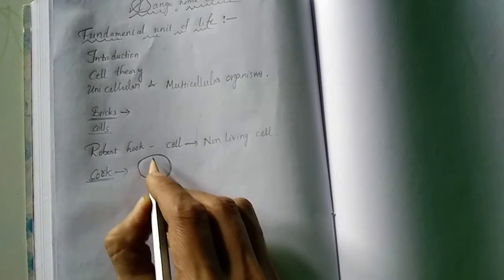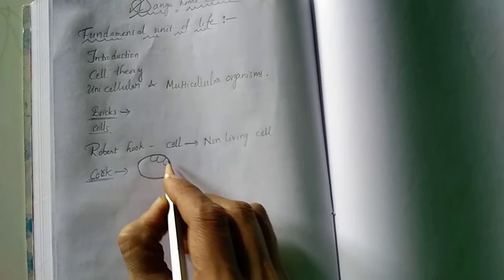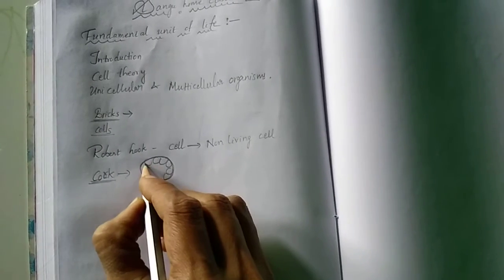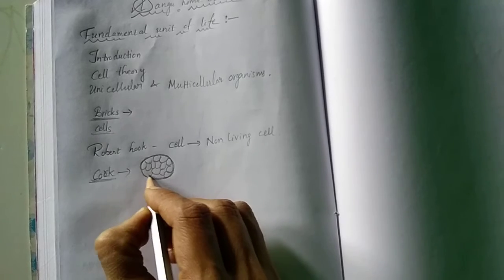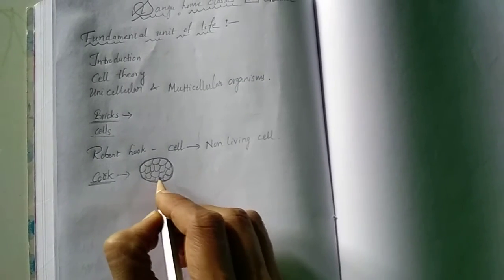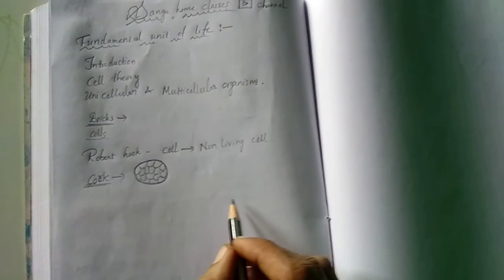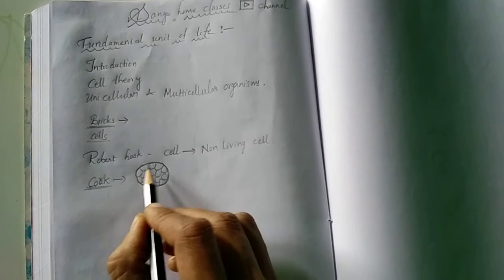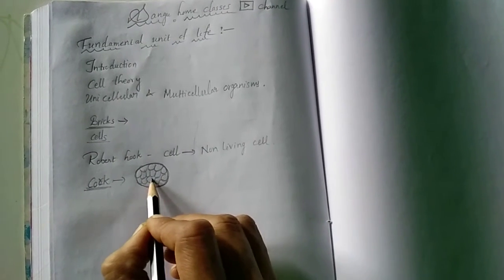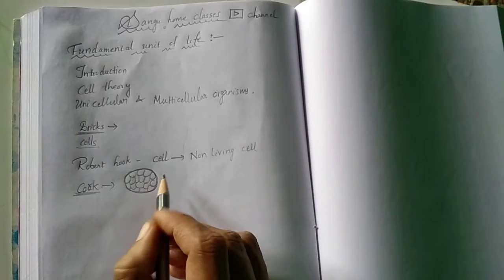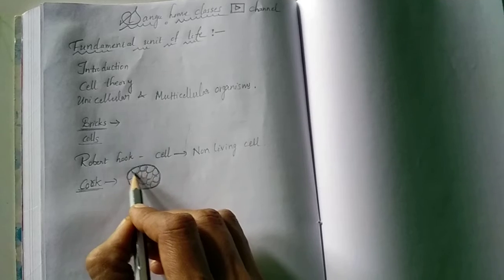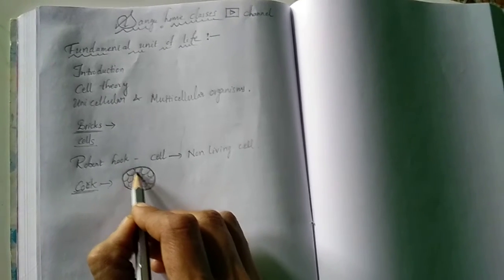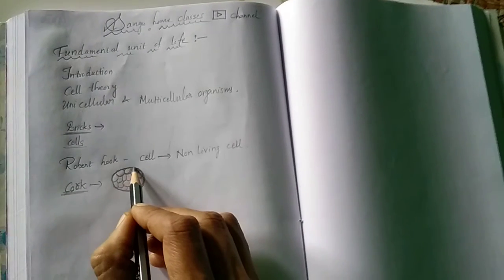He extracted some cell sap, which looks like a honey bee hive. Do you know a honey bee hive, children? The honey bee hive contains a number of room-like structures. Those rooms look like single cells. He observed and he named it. Every room is like a cell.